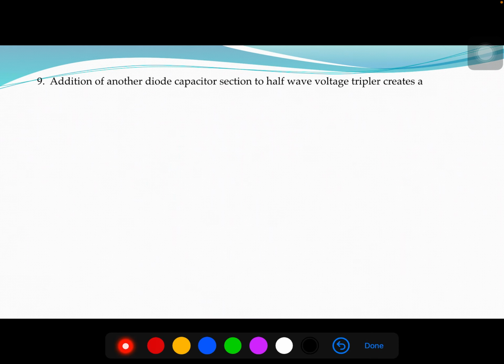Now the next question is: addition of another diode capacitor section to a half wave voltage tripler creates a. See, whenever you add a section of diode and capacitor to any multiplier, it gets upgraded to a higher level multiplier. That means if you add like this, let us see the circuit.